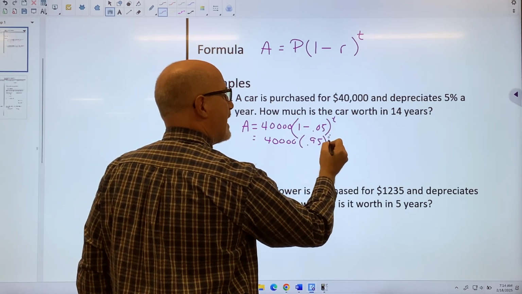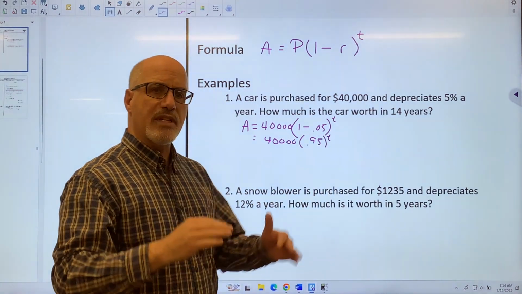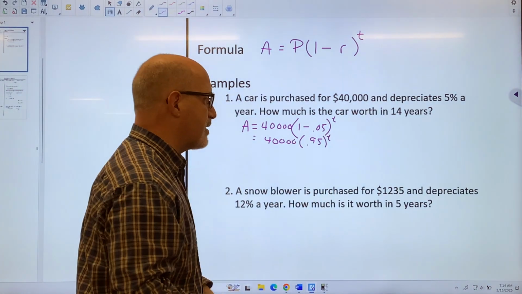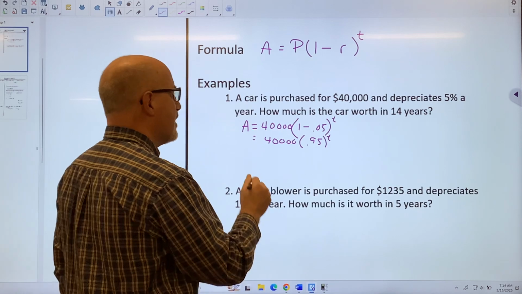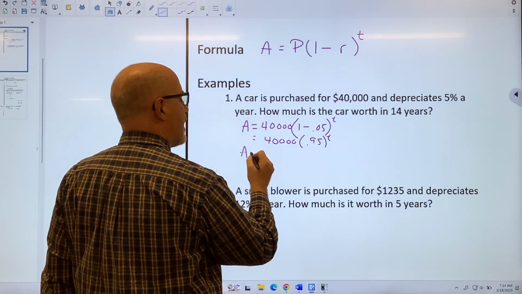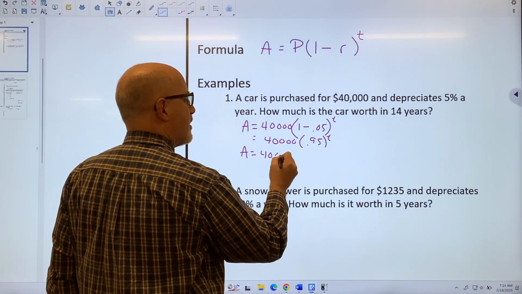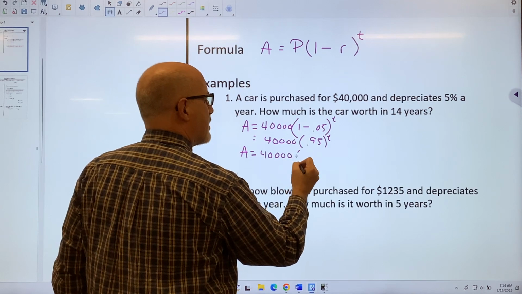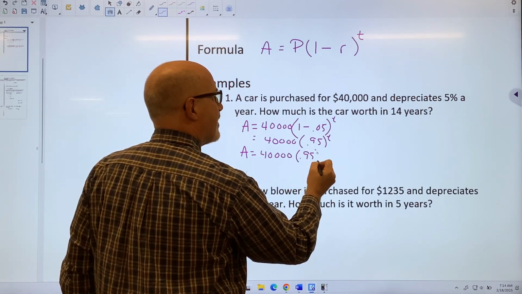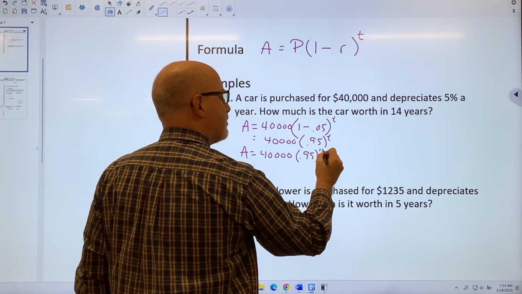Our base, notice, is less than 100%, so the value is going to go down as an exponential decay problem. So what we want to know is what is the amount when we take $40,000 and we put times 0.95 to the 14th power.